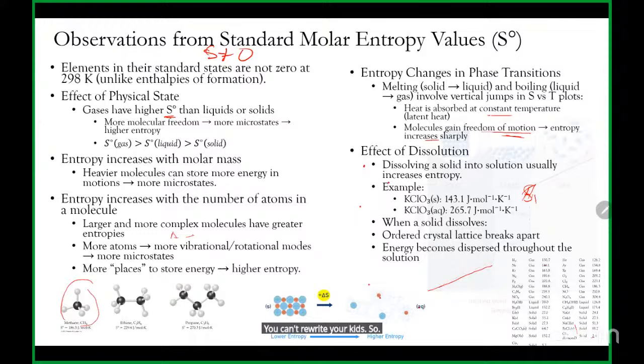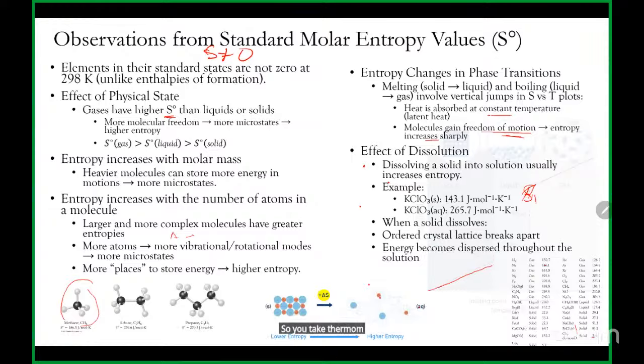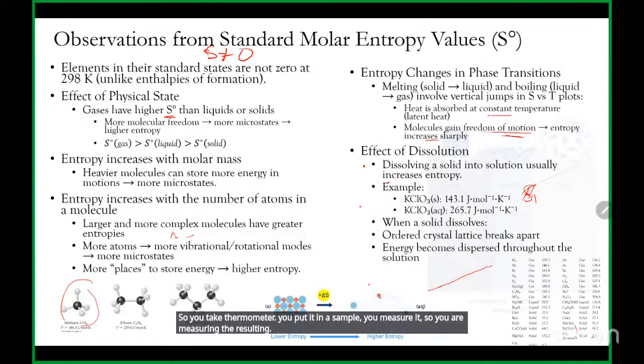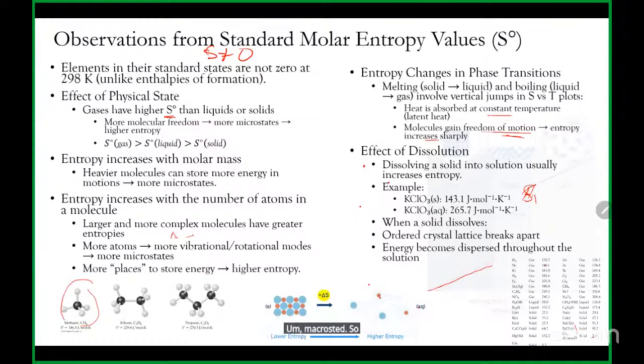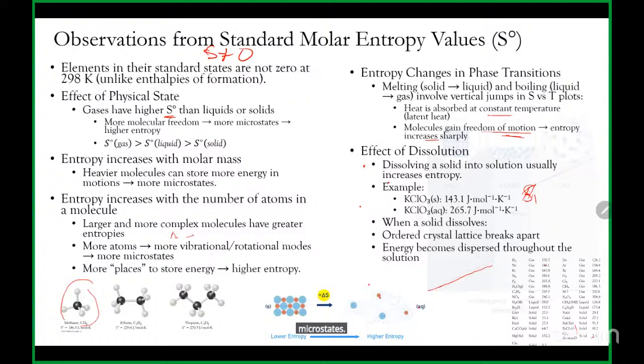When you're talking about macrostates, you're talking about those things that you see, that you measure. You take a thermometer, you put it in a sample, you measure it. So you are measuring the resulting macrostate. That macrostate is an ensemble or a collection of several microstates, the several arrangements that you can look at. Let me give you an example of a microstate. In a school that has 12 arms of people in GSS1, I only know that there are 12 arms.